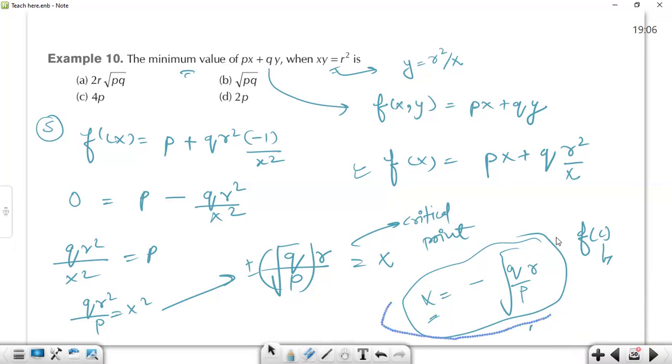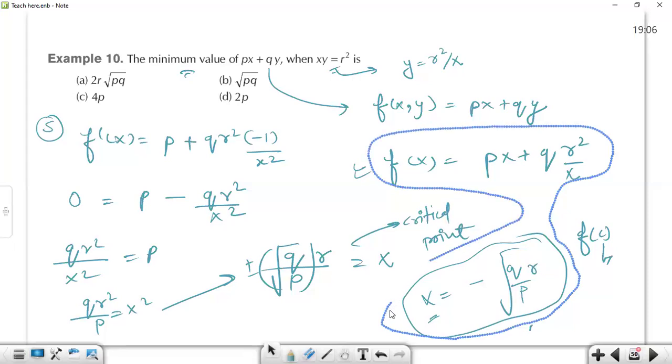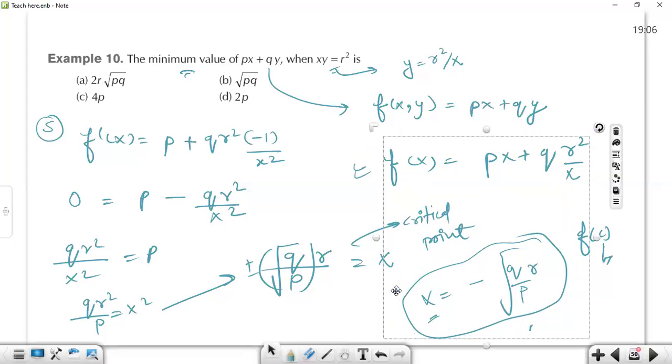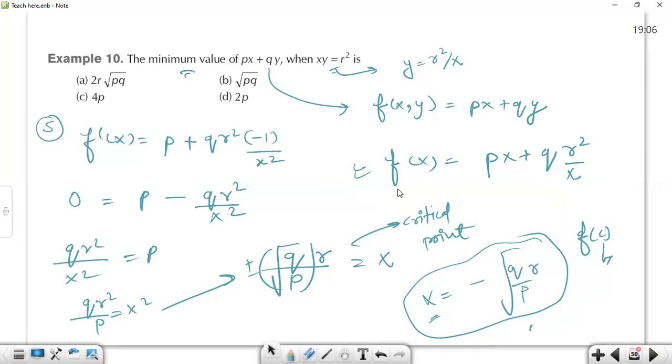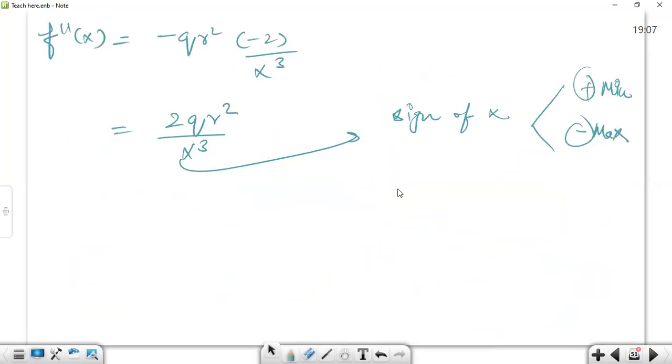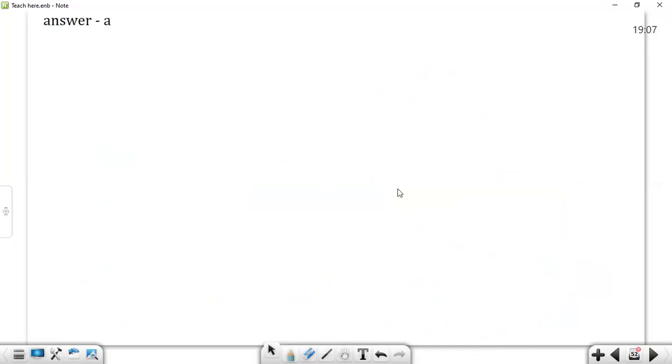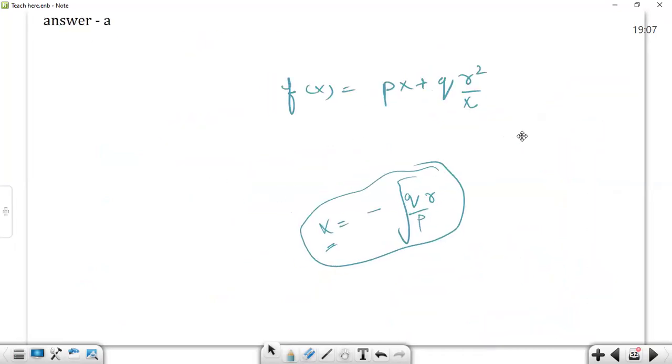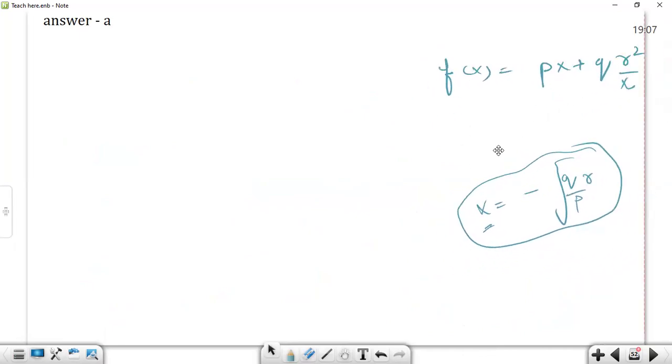We have this. Let's write here. So we have now the function and the value of x which we have to substitute.